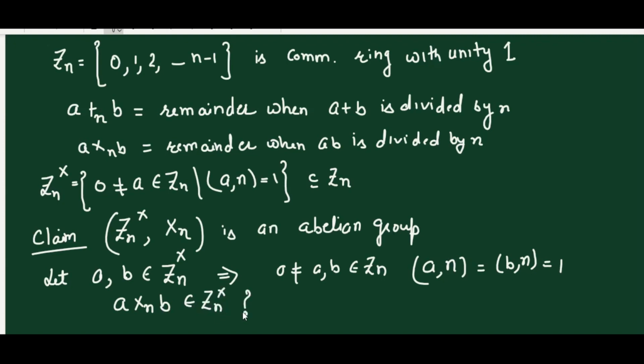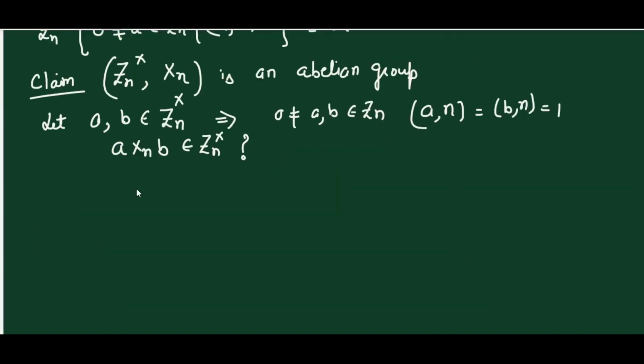This is our target, whether this multiplication gives you an element in Zn cross. So let's assume their product is some element c. First we see whether c is 0 or not.